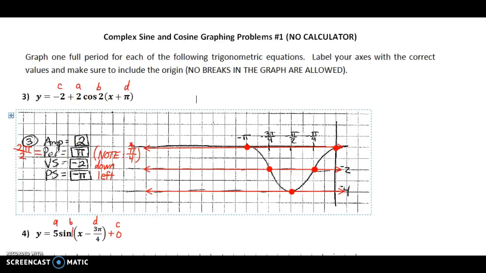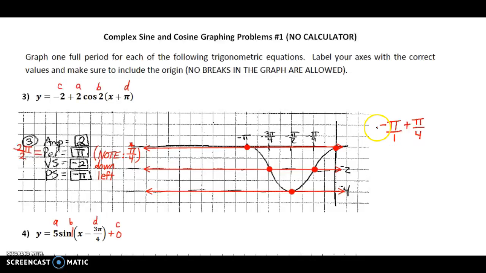In order to get to my next important x value, I have to add pi over 4 to the previous x value. So if you take negative pi, which we can do off to the side here, and we add pi over 4 to it, we're going to have a little bit of fraction work, so we'd have to put the negative pi over 1, multiply top and bottom of this fraction by 4 to get a common denominator, so that we have negative 4 pi over 4 plus pi over 4.